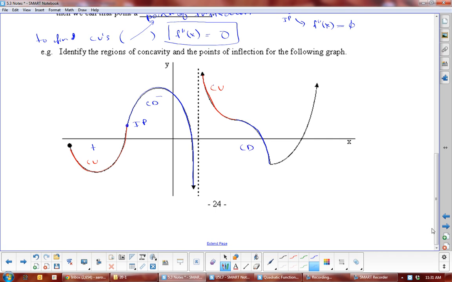Okay, then we would have a point where, oops, I should have put my inflection point there before I moved on. Then we also have another inflection point. Now this is where the second derivative would not be defined. And then it goes to concave up.